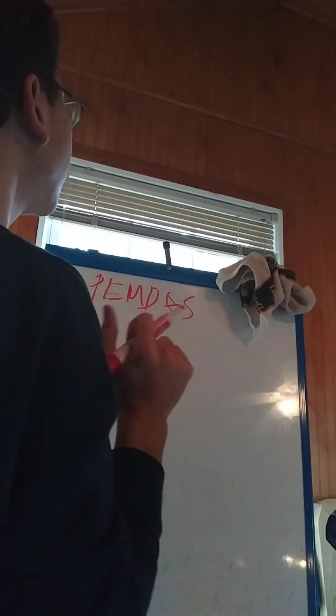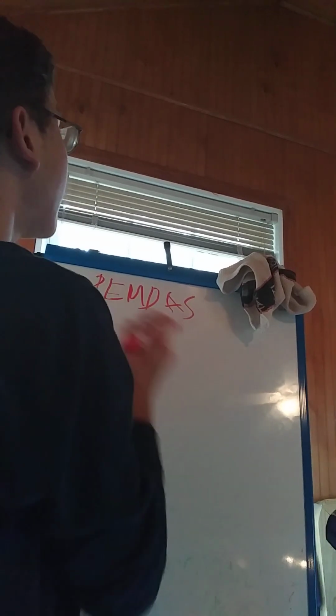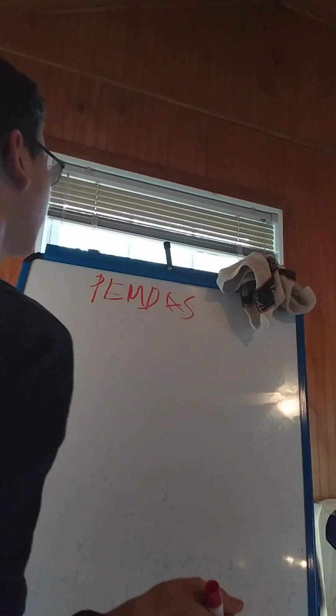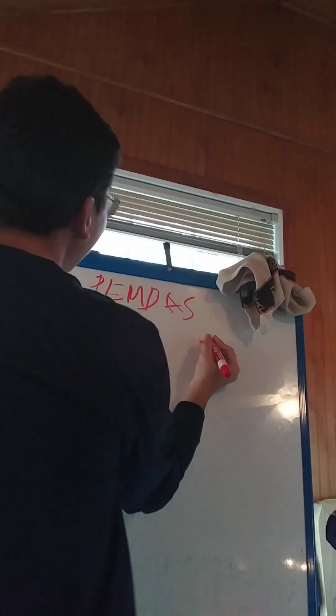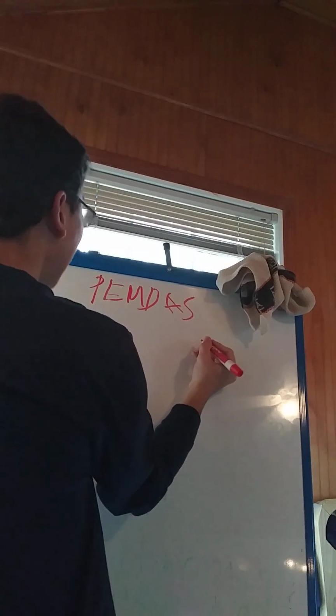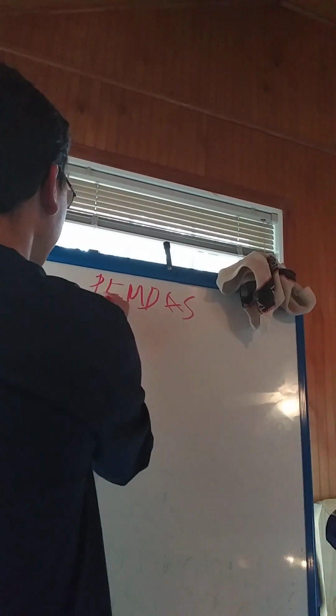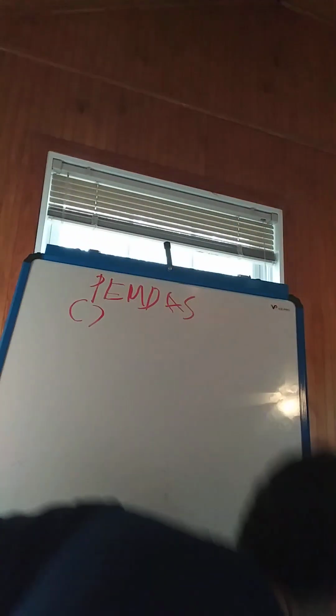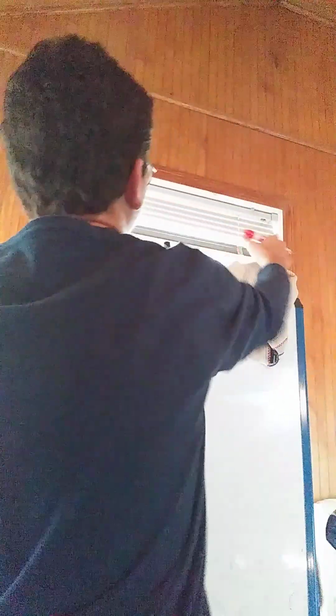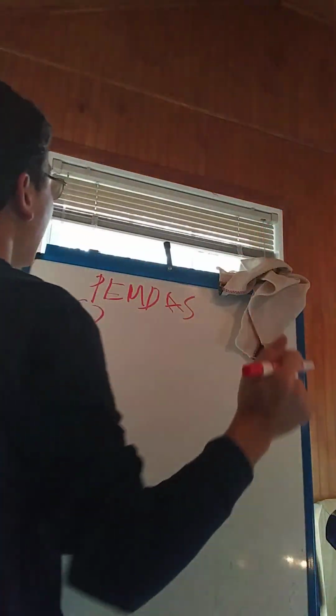So this lays out the steps in order of how to solve order of operation problems. Let's look at what these all mean. P stands for parentheses, and I'm not going to write it out because it's going to take too much ink and a little bit more time.